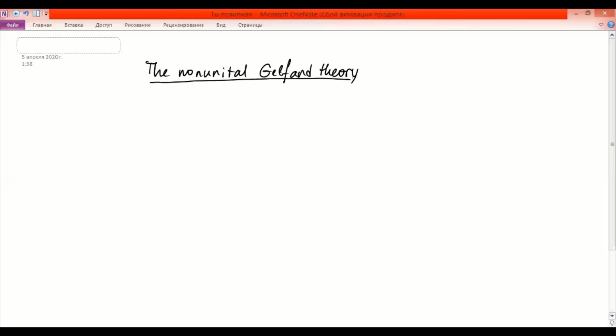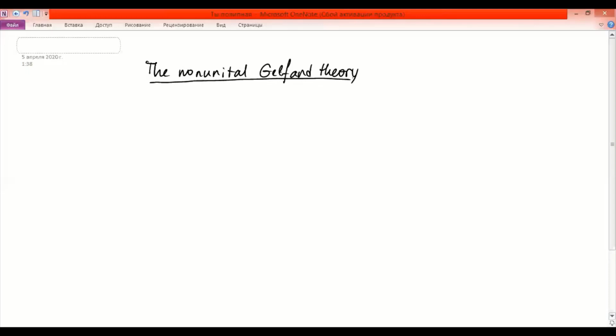Also, there are several important constructions, for example, stabilizations and suspensions, which play an essential role in K-theory of C-star algebras, and which always produce non-unital algebras.